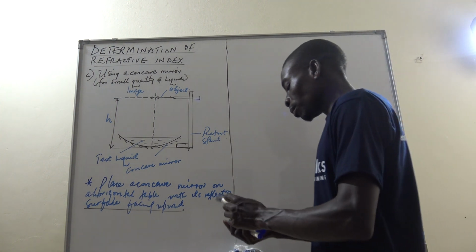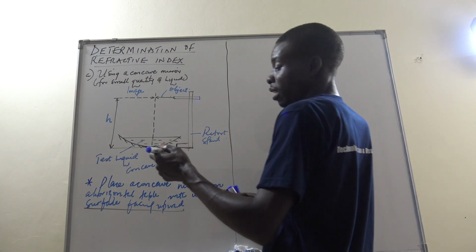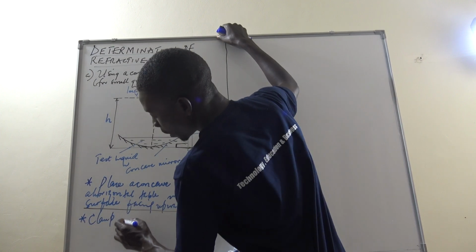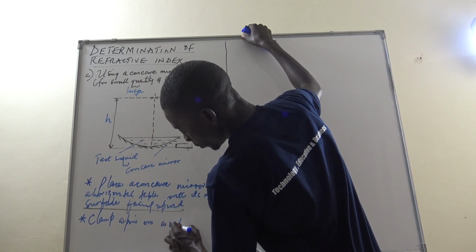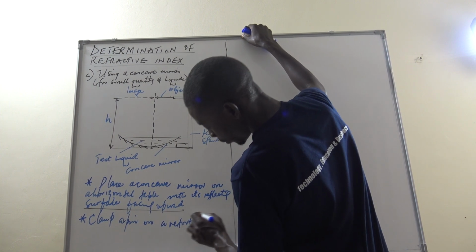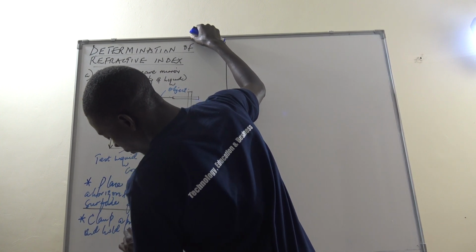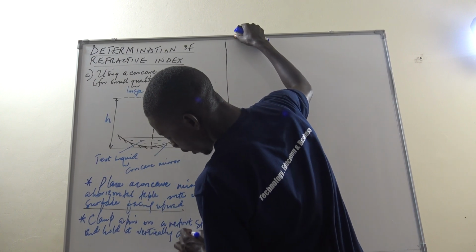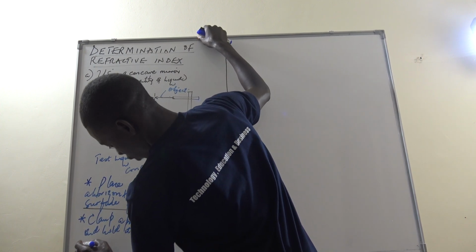After doing that, you are supposed to clamp a pin on a retort stand and hold it vertically above the concave mirror.